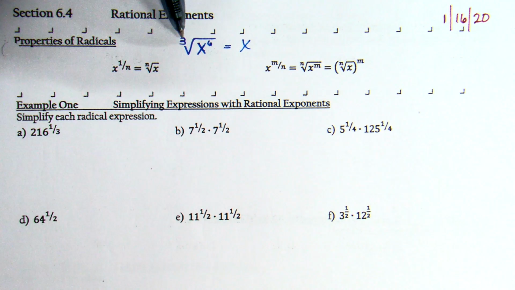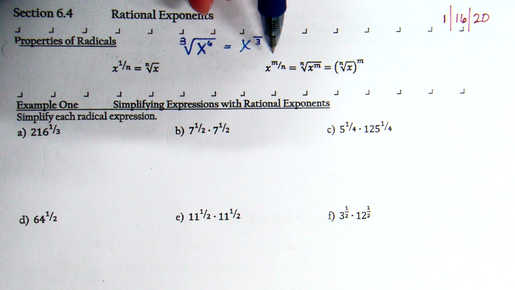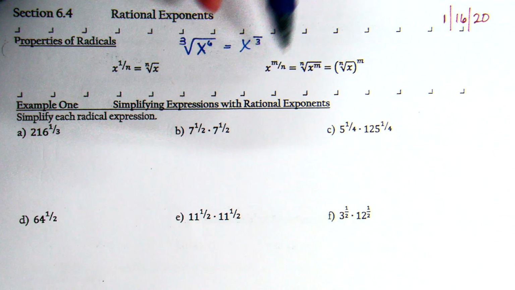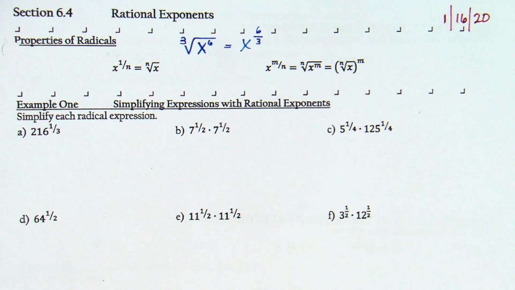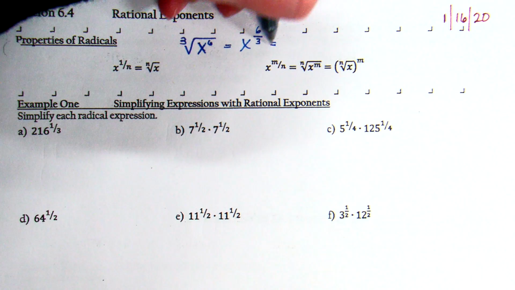So 3 would be on bottom. 6 is my power. Where does it show the power going? M goes in the numerator. So this could be written as x to the 6 over 3. And we know 6 divided by 3 is 2. So it's also equivalent to x squared.